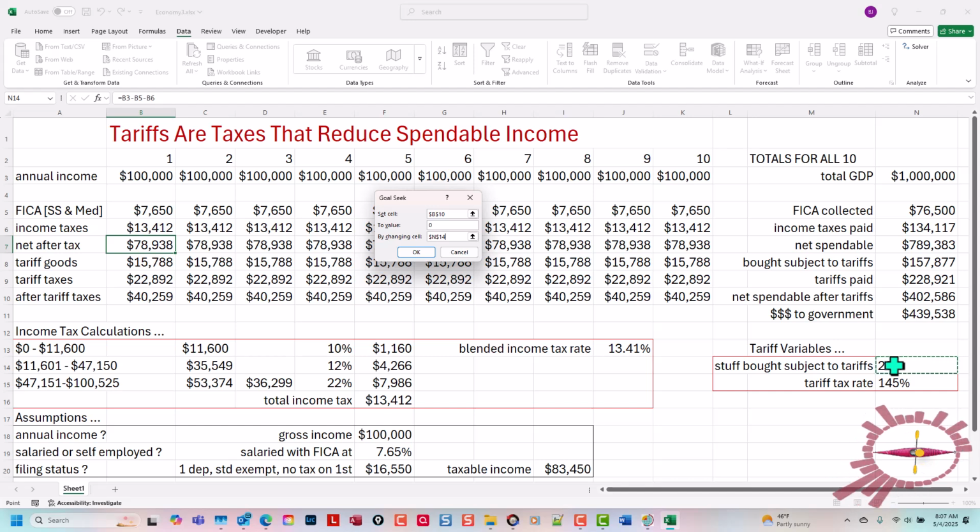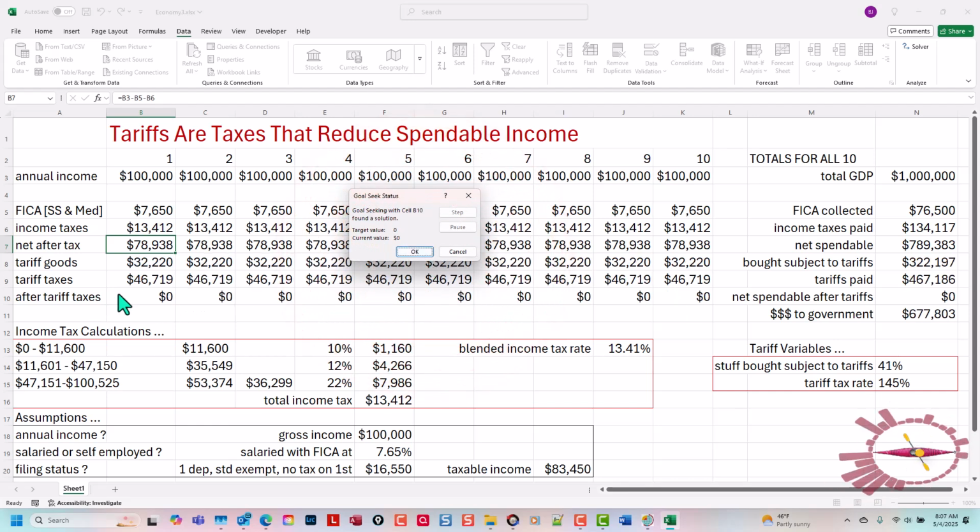So basically, let's have Excel figure out what number here would make this come out to be 0. We click OK. We can see we got our 0, and we can spend 41% of this number on imported items from China before we'd run out of all our money.